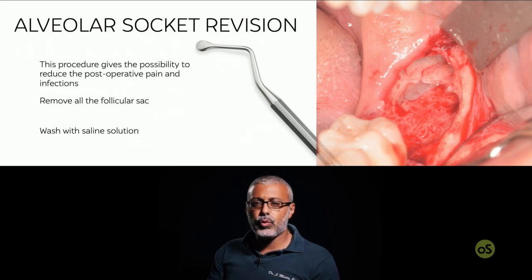We always have to try to remove the follicular sac of the tooth, and we also have to rinse and wash the cavity thoroughly with saline solution. I suggest using two 20cc syringes of saline solution in order to remove any tooth particles, fragments, or any bone that has been detached during the luxation procedures.